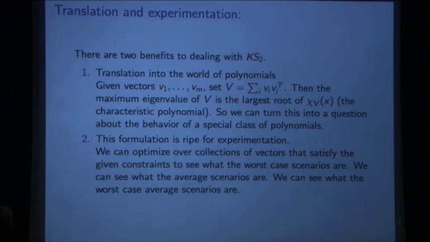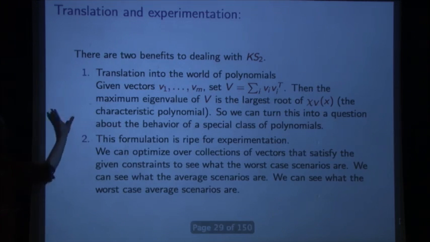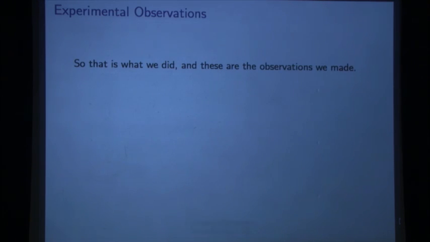In particular, I can try optimizing over various collections of vectors. I can see what the best case, worst case, and average case scenarios are. So this is somewhat of an advertisement to people who don't use computers: sometimes it helps to use computers. That is what we did, and let me give you the observations that we made.